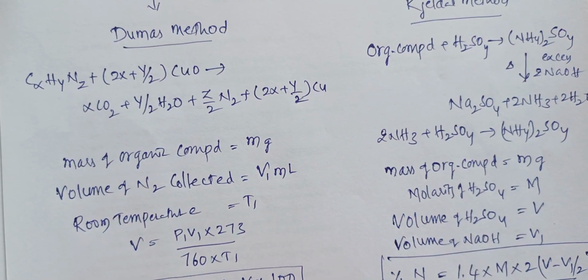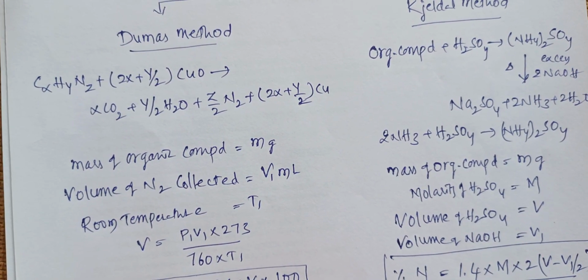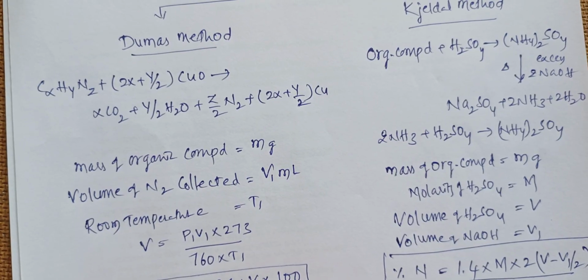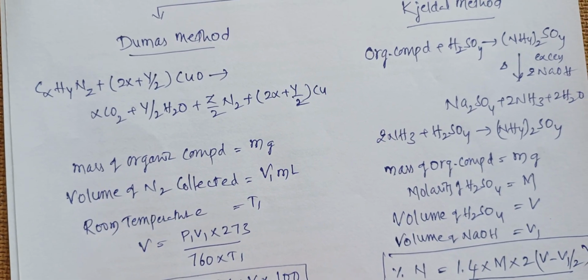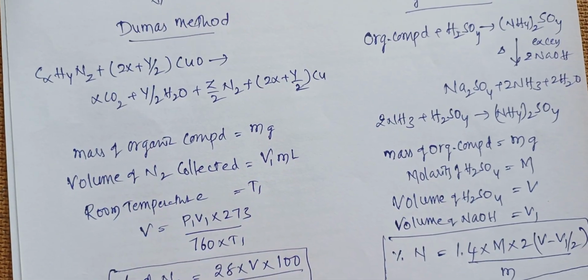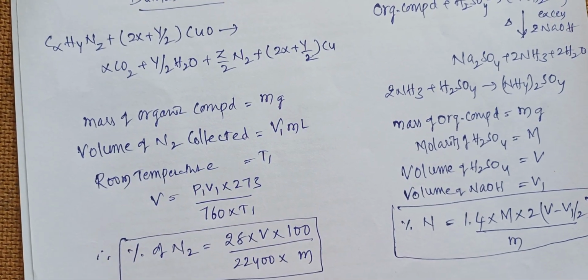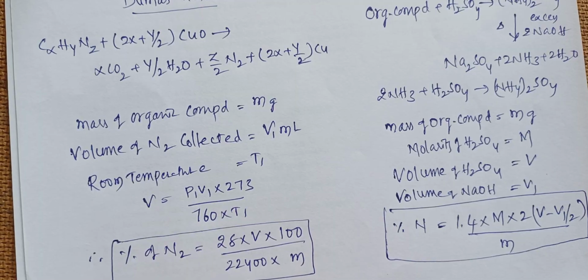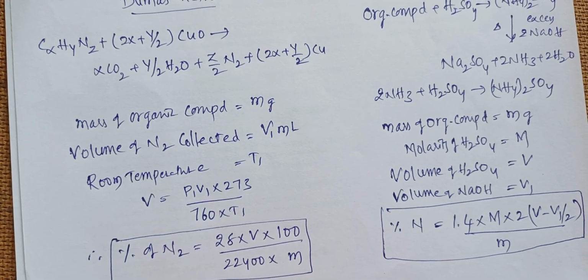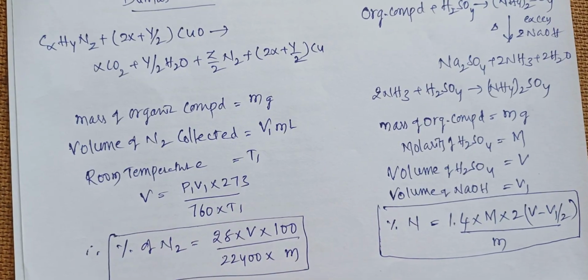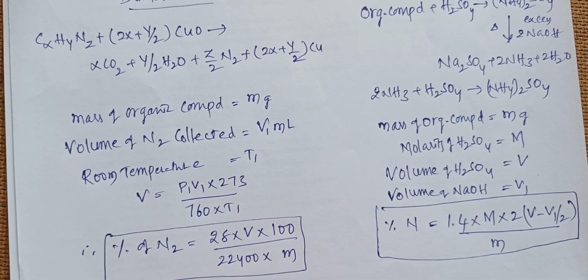Then the volume of nitrogen at STP can be P1 V1 into 273 by 760 into T1. So this is V, the volume of the nitrogen. Now if you substitute this value, the percentage of nitrogen can be calculated as 28 into V into 100 divided by 22,400 into m.